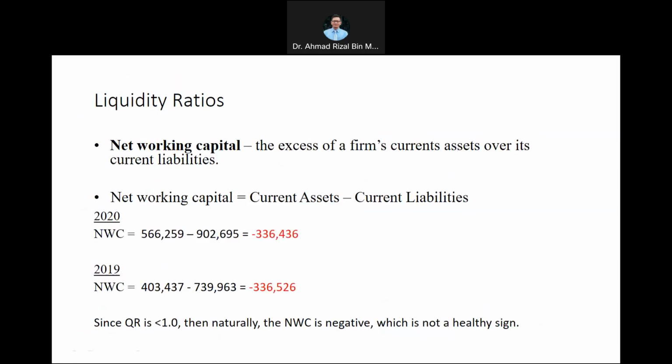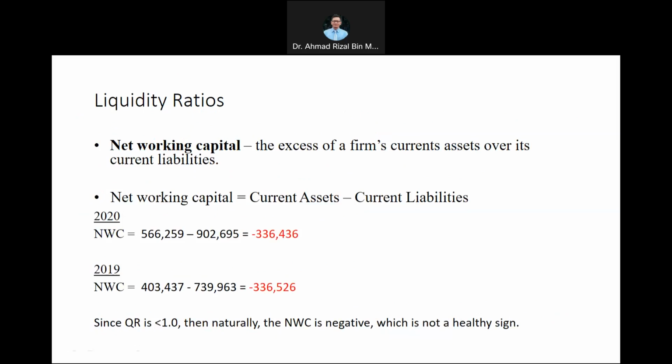Another form of assessing liquidity would be in the form of net working capital. Okay, this is not a ratio, but a figure showing the difference between current assets and current liabilities. Of course, earlier in the current ratio, you divide current assets by current liabilities. Since the figure was less than 1 earlier, definitely your net working capital is negative.